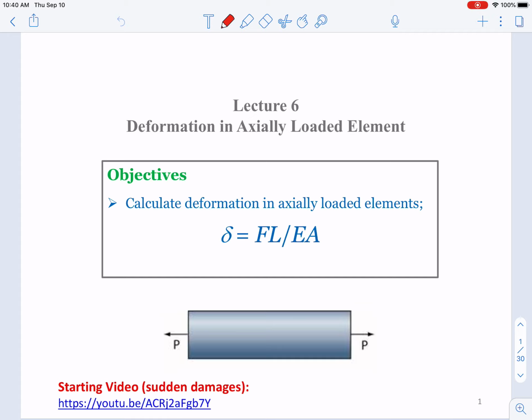So today we will start to talk about axially loaded elements, and we will introduce how to calculate the deformation in axially loaded elements. The core equation is given here: delta, the deformation, equals FL over EA. I will show you how this equation can be derived.